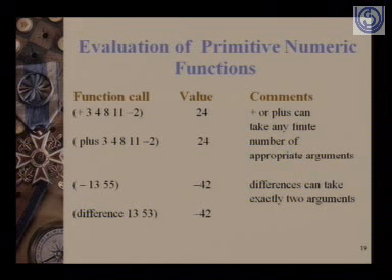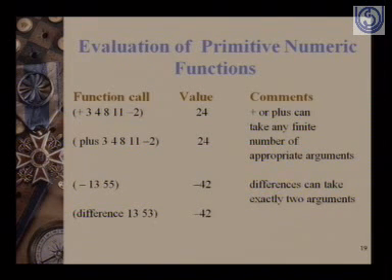Friends, look at the two expressions written horizontally. One is plus 3, 4, 8, 11, minus 2 bounded on both sides by parentheses, and the other is a single number 24. 24 is obtained not directly from plus 3, 4, 8, 11, minus 2.